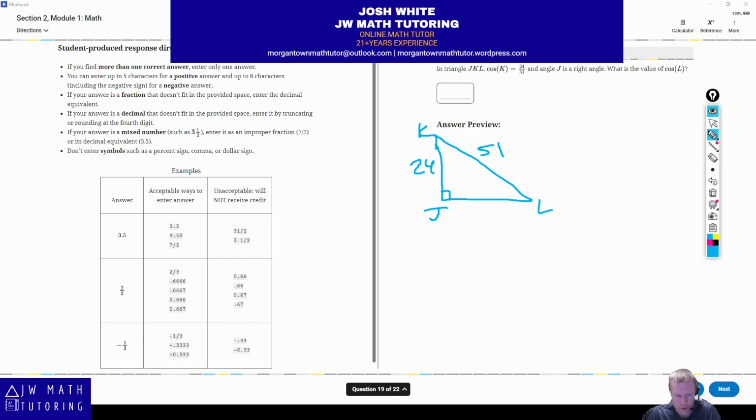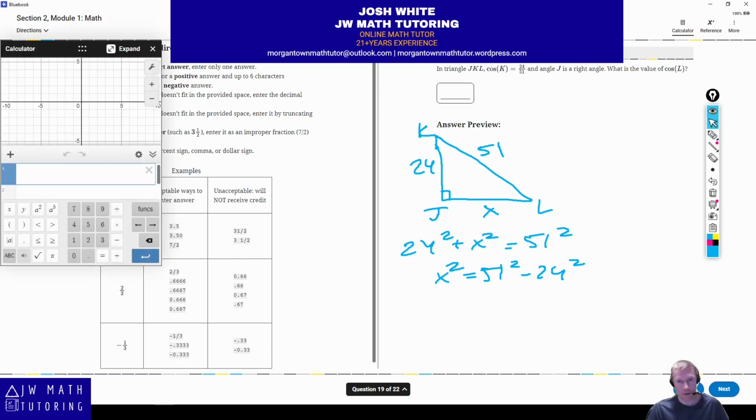So what you could do is, there's multiple ways you could do this, and I'm going to show you 2 different ways to do it. So one way is to just use Pythagorean theorem and do 24 squared plus, we'll just call this x squared, equals 51 squared. That's going to give us the value of the third side, the unknown side here.